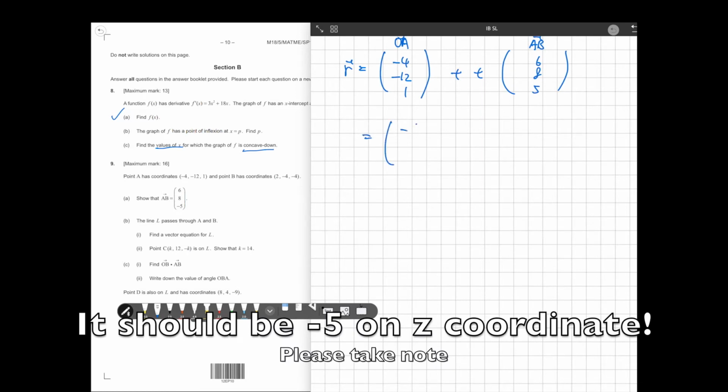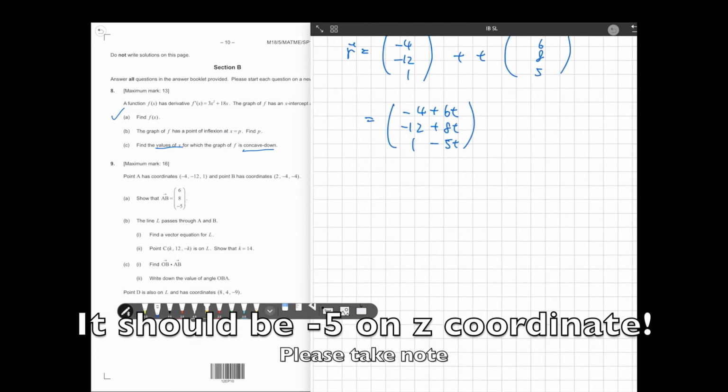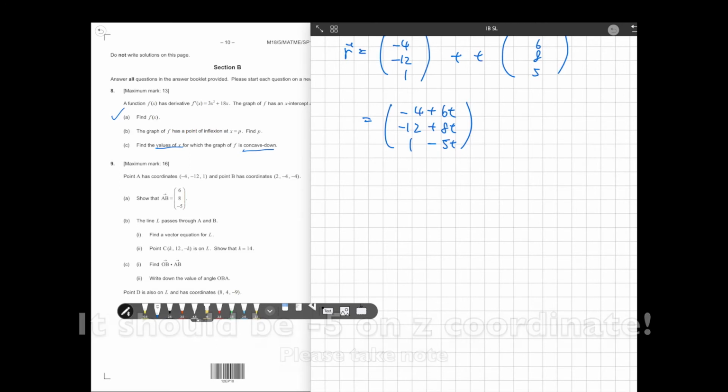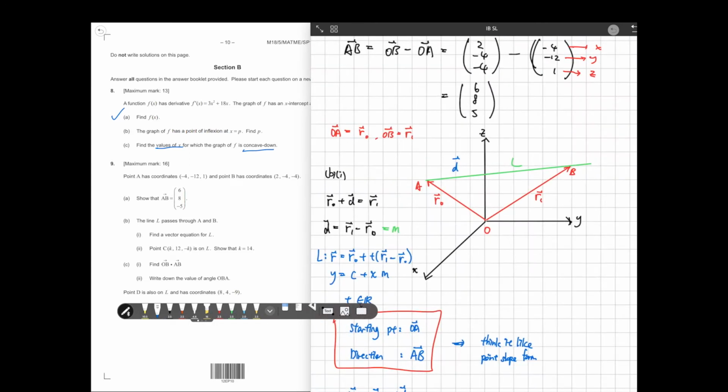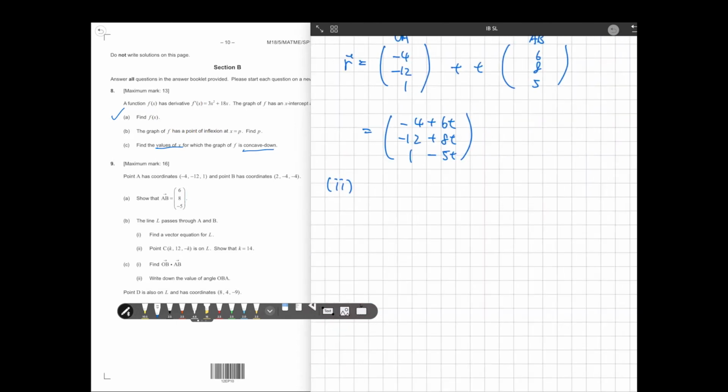So that will just equal -4 plus 6t, -12 plus 8t, and then 1, sorry, it should be 1 minus 5t. So that is for part B1. And then now we move on to part B2.